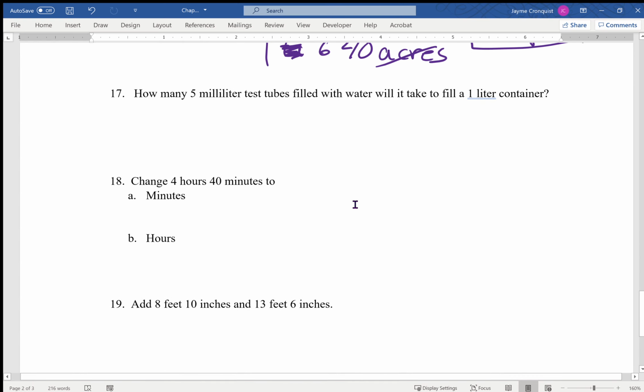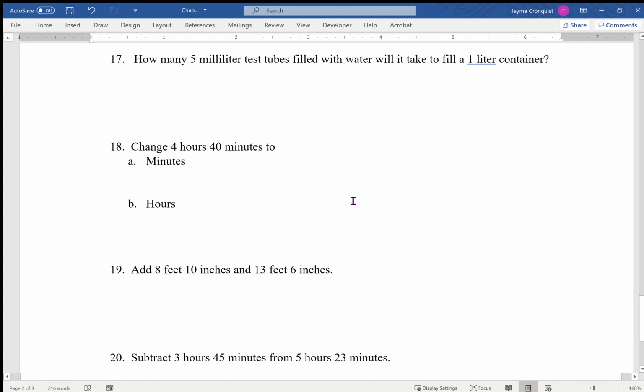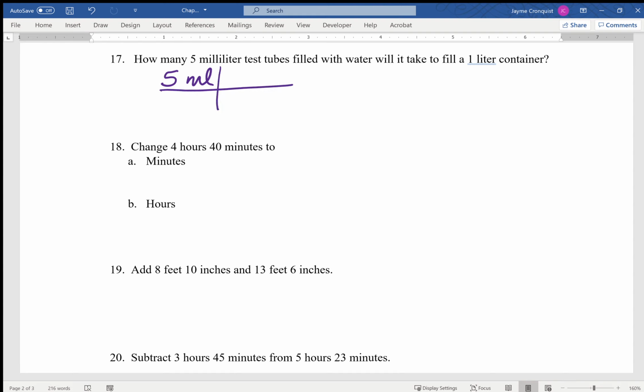All right. 17. How many 5 milliliter test tubes filled with water will it take to fill a 1 liter container? Okay. We have to convert the 5 milliliters to liters.